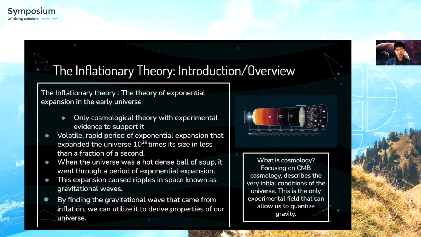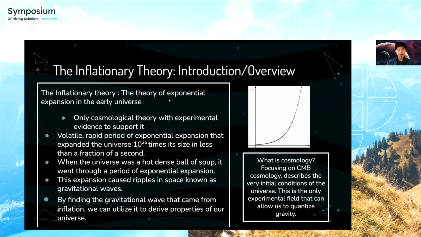Inflationary theory is in a subfield known as CMB cosmology, which concerns the very initial conditions of the universe. This allows us to quantize gravity and is the only experimental field that allows us to do so. The inflationary theory is an exponential expansion of the universe that expanded the universe 10 to the 26 times its size in less than a fraction of a second.